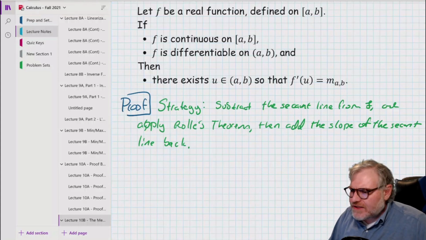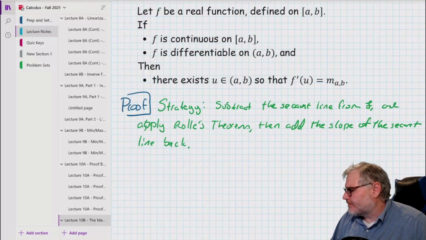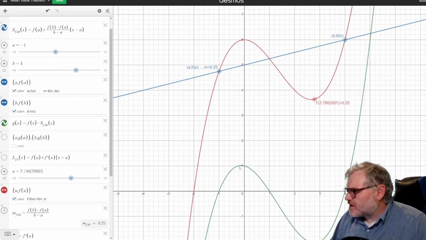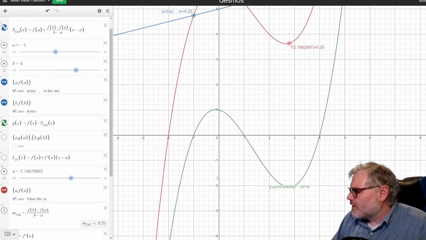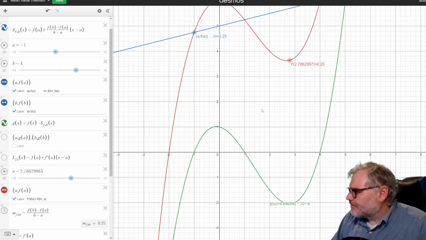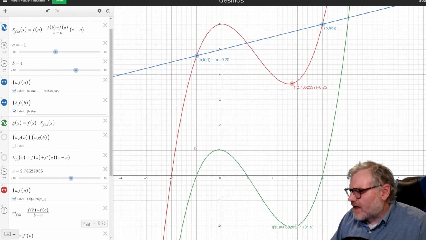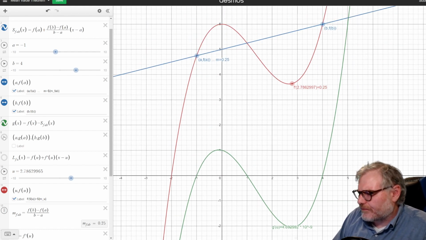If I subtracted the secant line, I would wind up with this function down here, that is, this function here minus that line. Notice that that pulls this point down to 0, and it pulls this point down to 0 and kind of tilts the graph a little bit. So what I have here is a function that I could apply Rolle's theorem to.